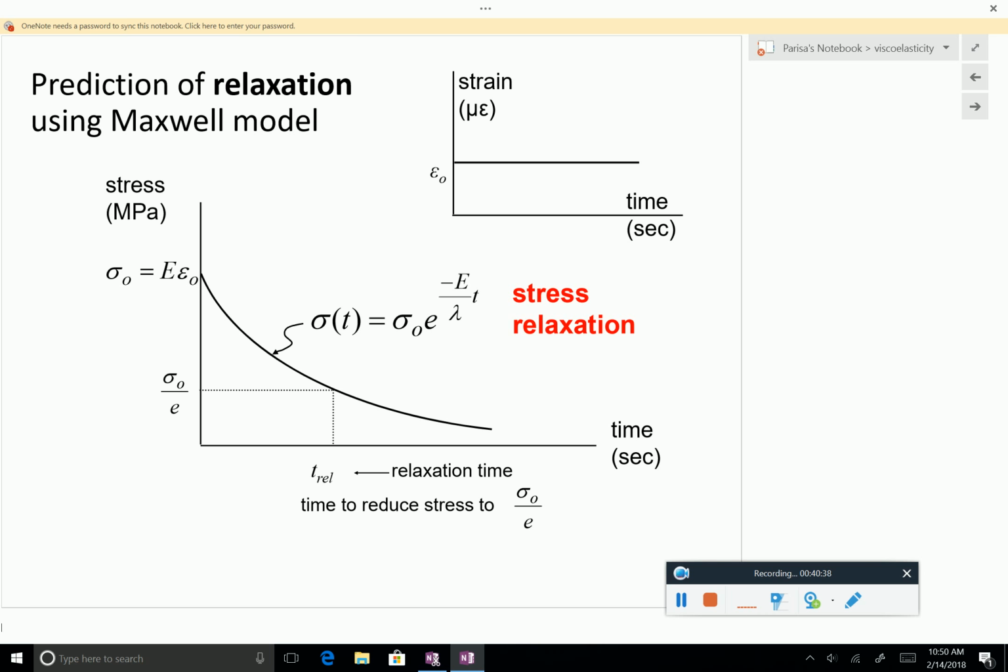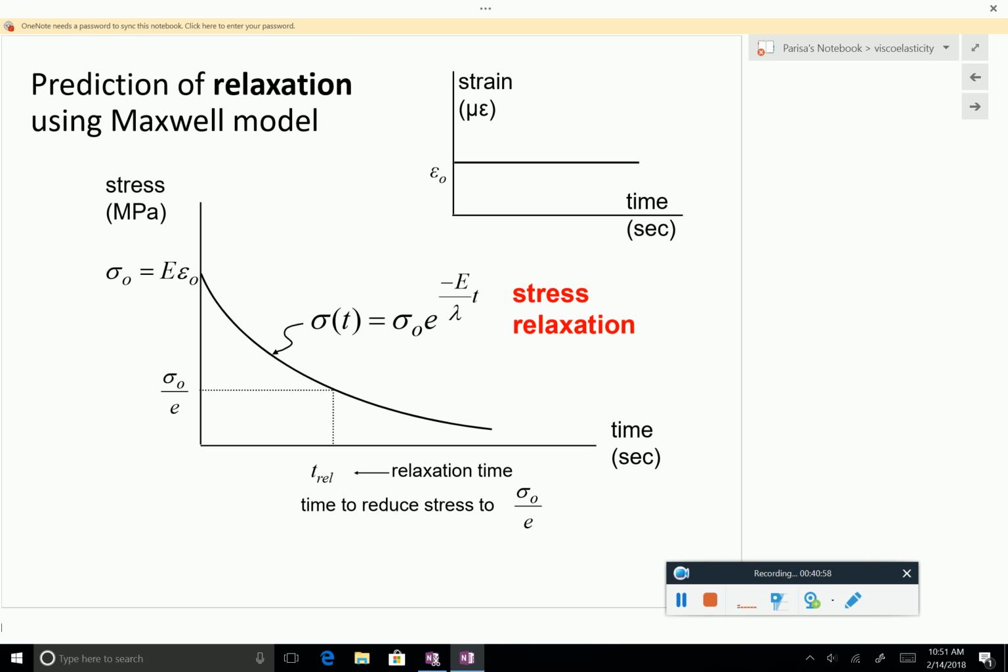There are some definitions, like the relaxation time is the time where the stress reduces to sigma 0 over E, so from sigma 0 to sigma 0 over E, this is just a definition. But the equation is just an exponentially decaying function.